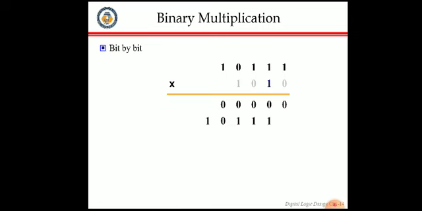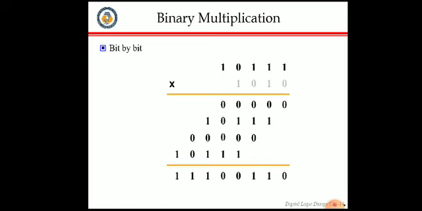So this is the way of multiplication. 0 into all is 0. 1 into any number is that number, and like this you will get. Very simple multiplication, bit by bit. Finally you have to add, so finally you will get the digit. What is the final value here?